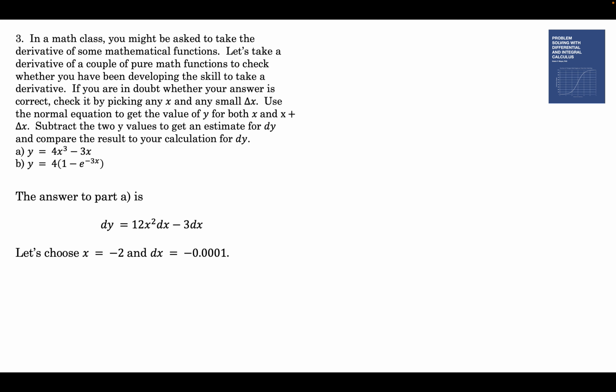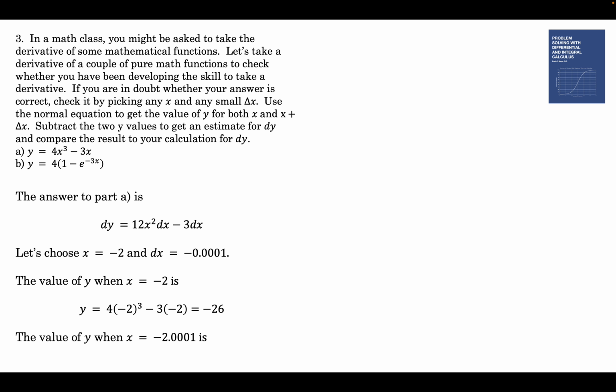Let's check it. We're going to plug in x equals 2 and a small dx of minus 0.0001, one ten-thousandth. We start by using the normal equation and see how much it actually shifts. When we plug x equals 2 into the normal equation, that's 4 times 2 cubed, which is 32, minus 6, so 26.